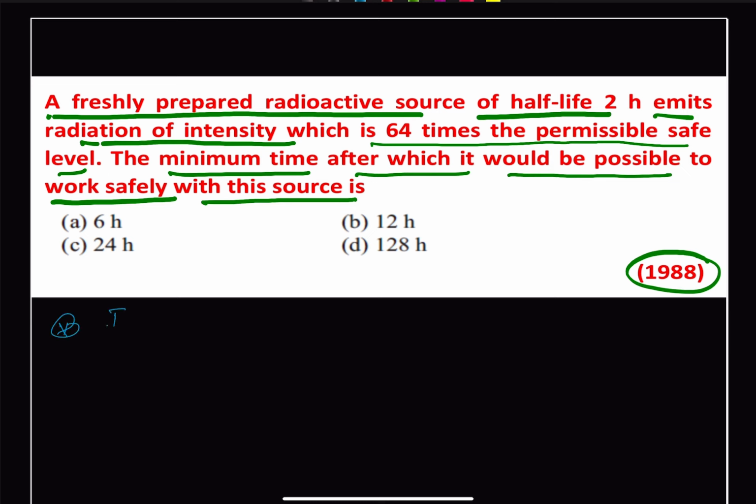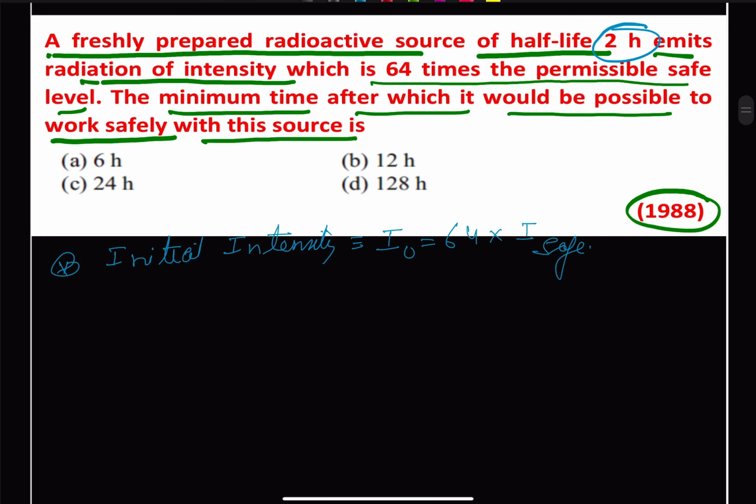We are given the initial intensity, that is our I naught, is equal to 64 times the safe level. Let us call this as I safe, and T half is given to us as 2 hours.